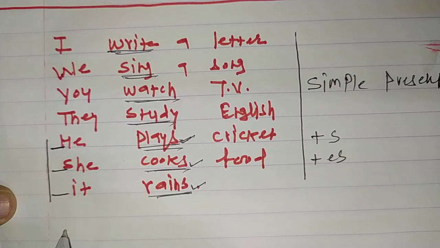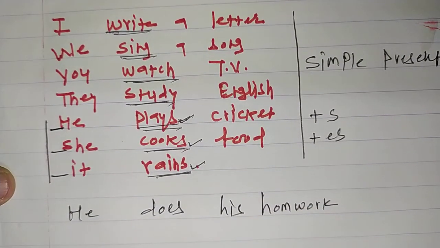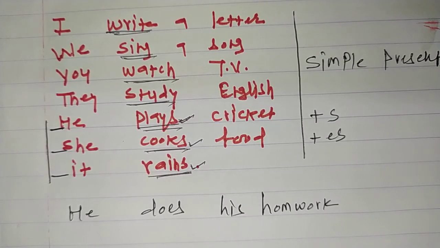For example, he does his homework, something like that. But you should also remember, we add s or es to the verb when we make a sentence of simple present.